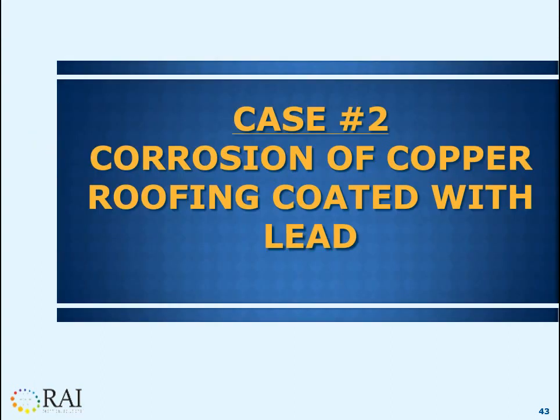Case 2 I'll cover is the corrosion of copper roofing coated with lead. This project involved premature corrosion of copper roofing coated with a thin lead coating. Lead has been used in roofing and statues for centuries in Europe because it can last hundreds of years in most environments.